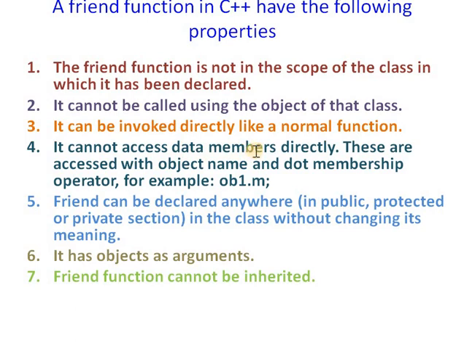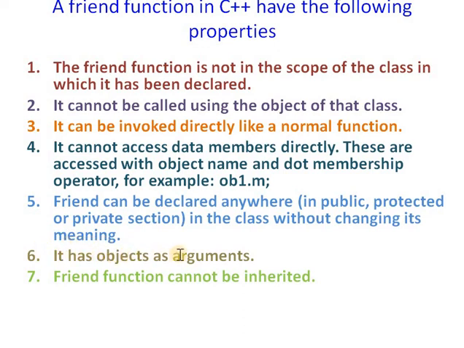It cannot access the data members directly. These are accessed with the object name and the dot membership operator. For example, OB1 means object 1, dot, member variable name. A friend function can be declared anywhere in the public, protected or private section in the class without changing its meaning.